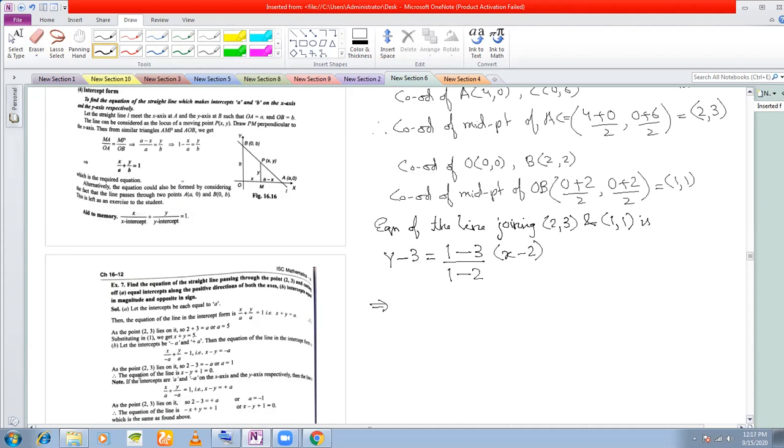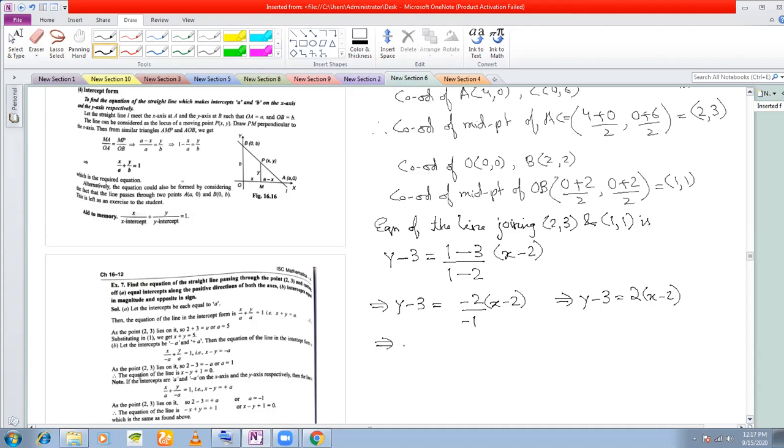So this is y minus 3 is equal to minus 2 by minus 1 into x minus 2. That means y minus 3 is equal to twice x minus 2.